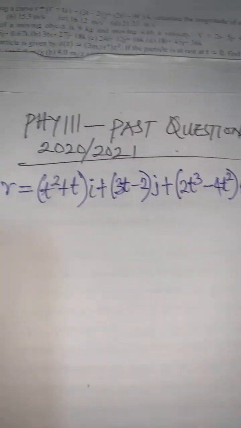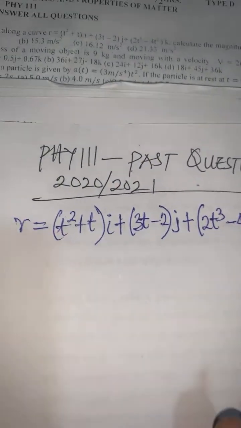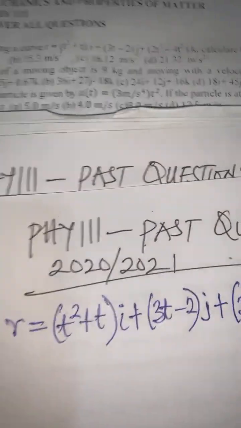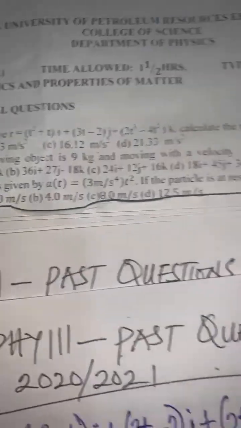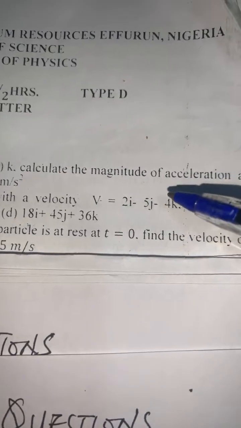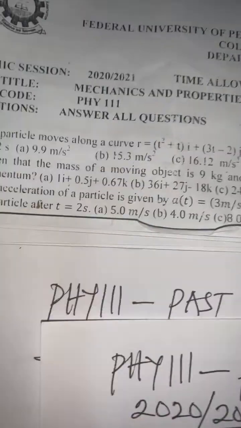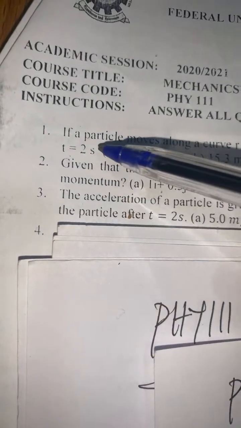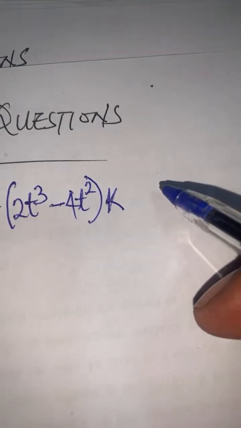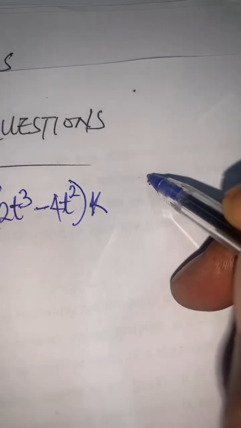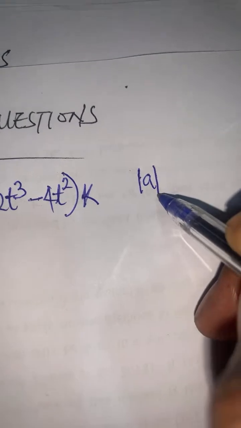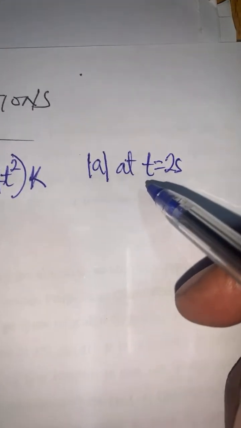Right, that's the equation. So now, what we are asked to find is, we have to calculate the magnitude of acceleration at t equal to 2 seconds. This is what we're asked to do.